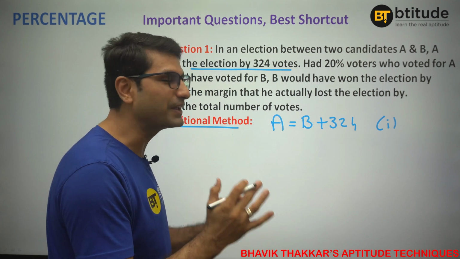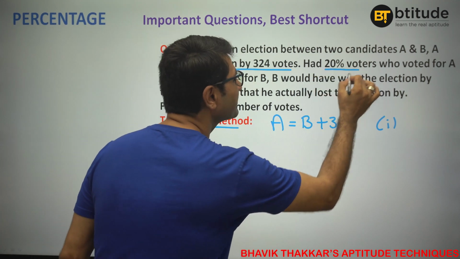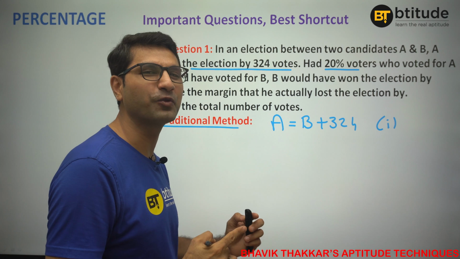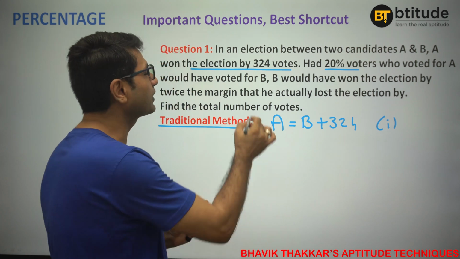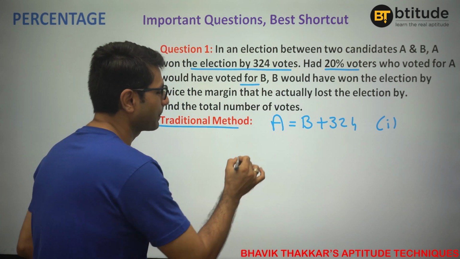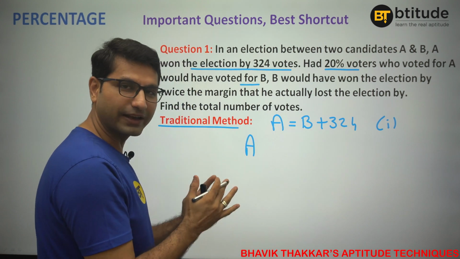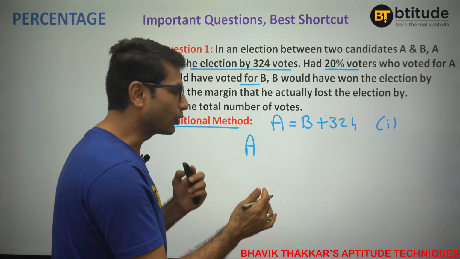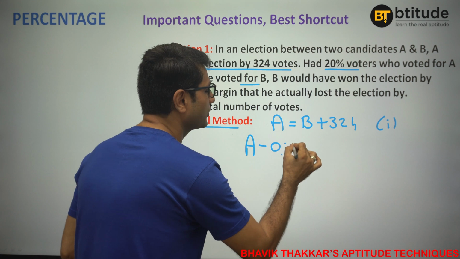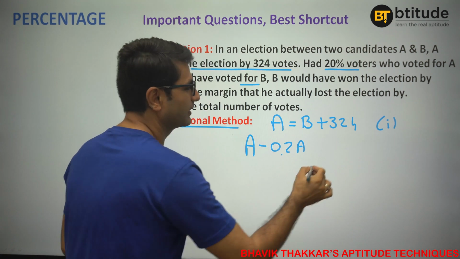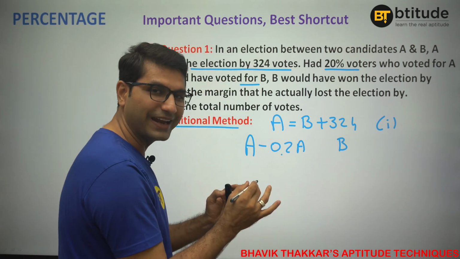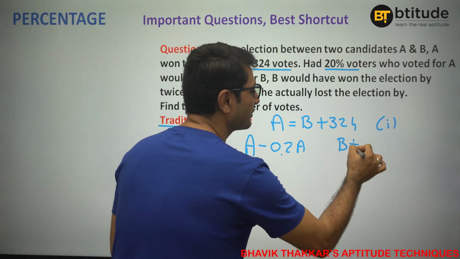The condition is something like this: if 20% of the voters who had voted for A had rather voted for B, that means A's votes are A, but he would have lost 20%, so minus 0.2A. On the other hand, B got whatever he had plus 20% of A.